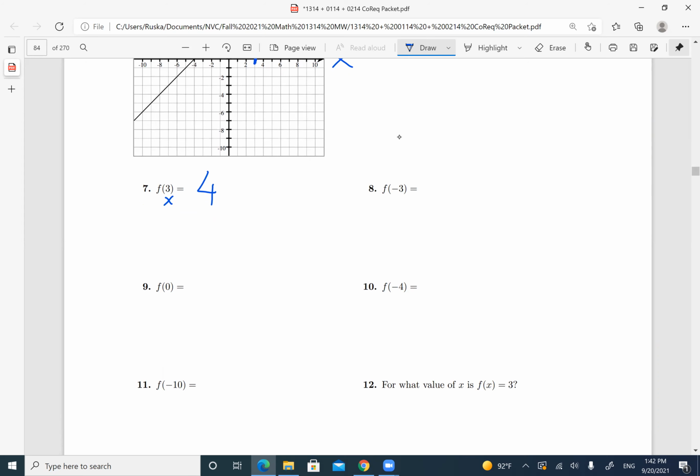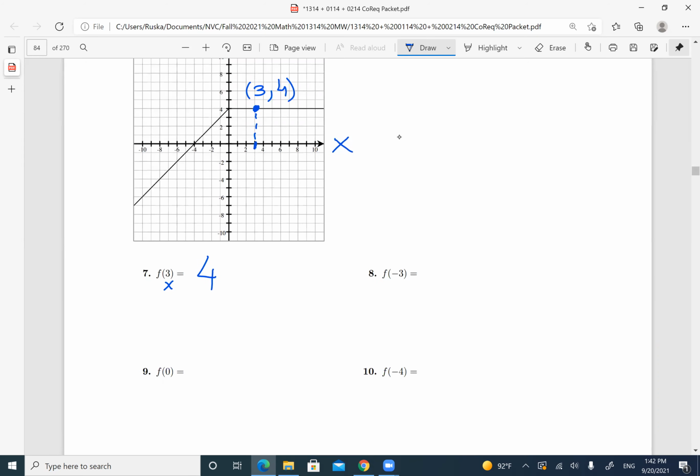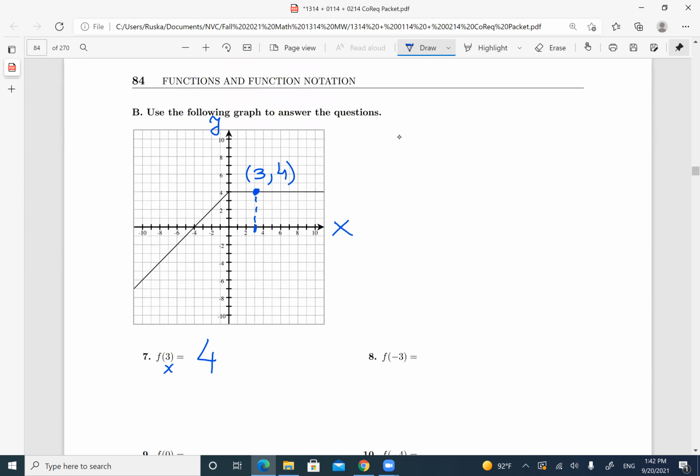Let's see what is f of 6. I'm just making another question. f of 6. I'm going to go to x is 6, then go to the graph and see what is the y coordinate for that point. It's 4. That's right. Okay, everybody understand that?